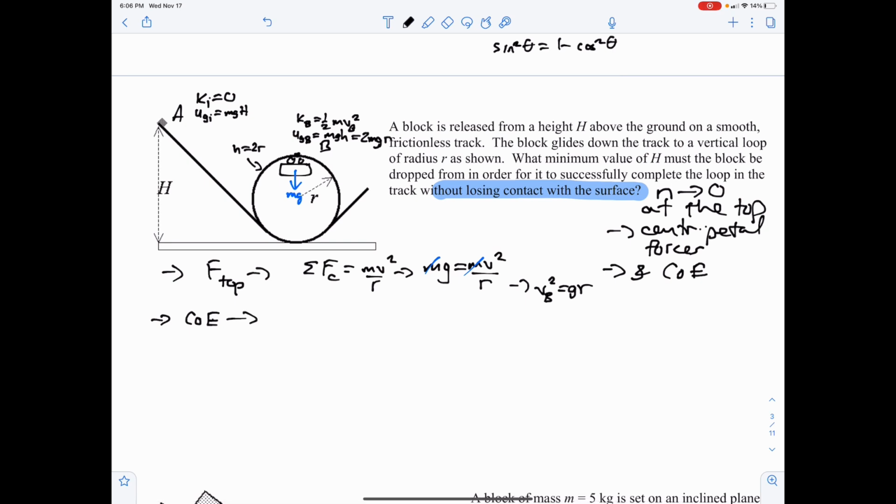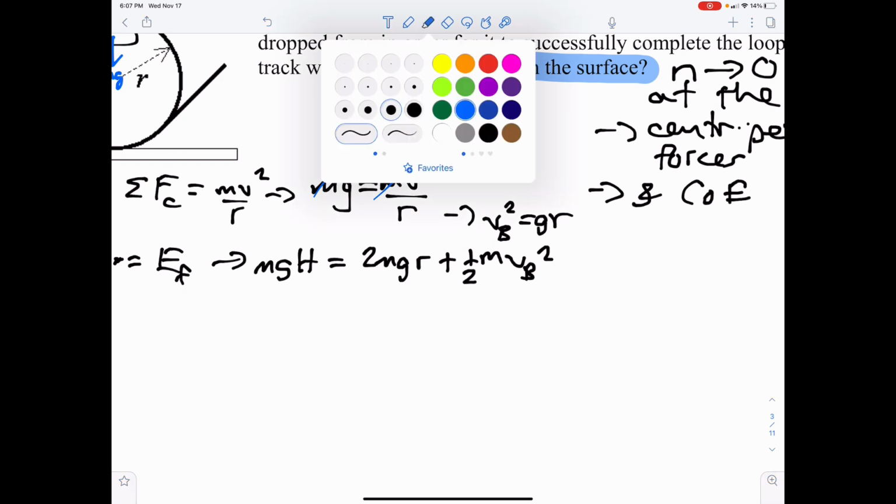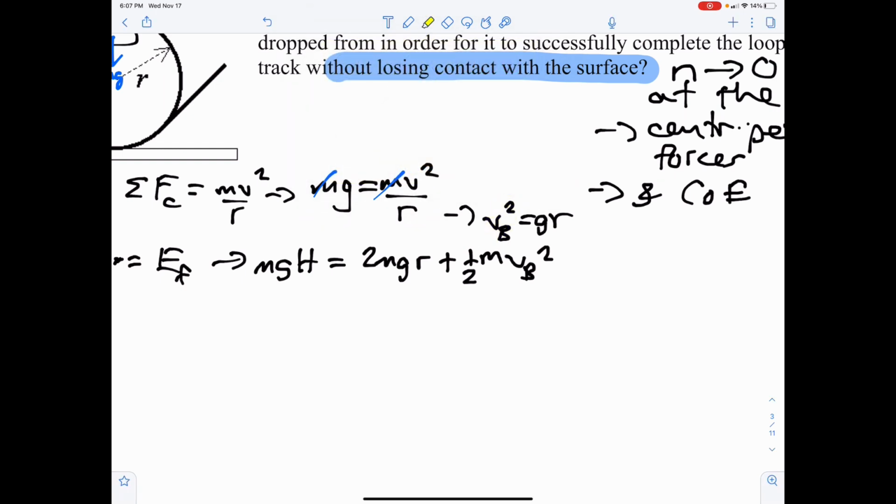Okay, so making the substitution, initial energy equals final energy would be mg big H equals 2 mgr plus 1/2 m vB squared. Now what I'm going to do is substitute the value for vB squared, which is gr.